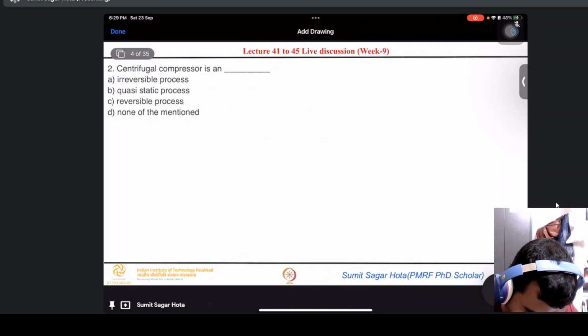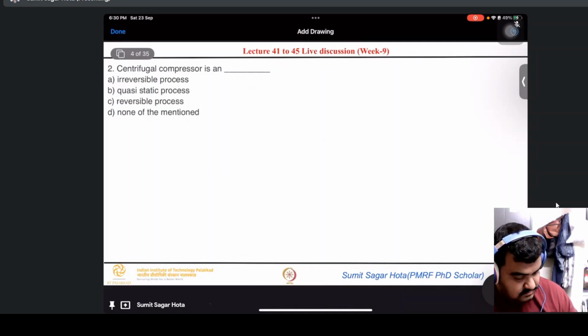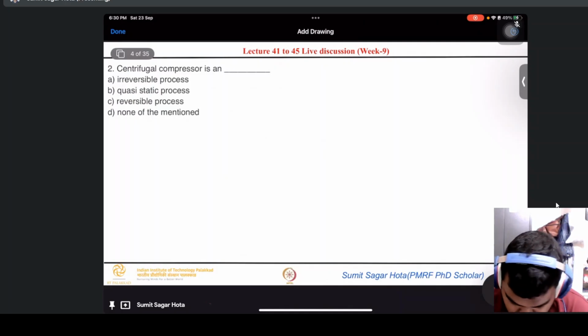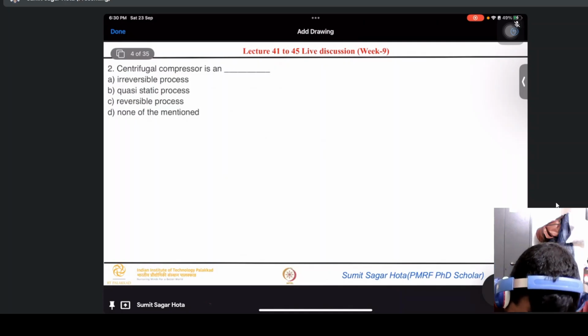The centrifugal compressor is an dash. Okay, the centrifugal compressor works on which kind of process? On some circumstances it can be reversible.